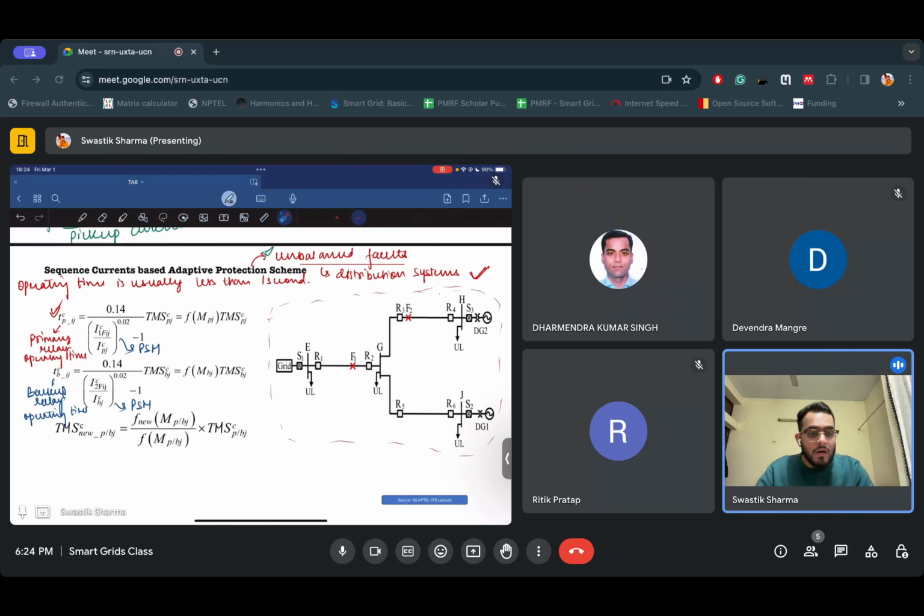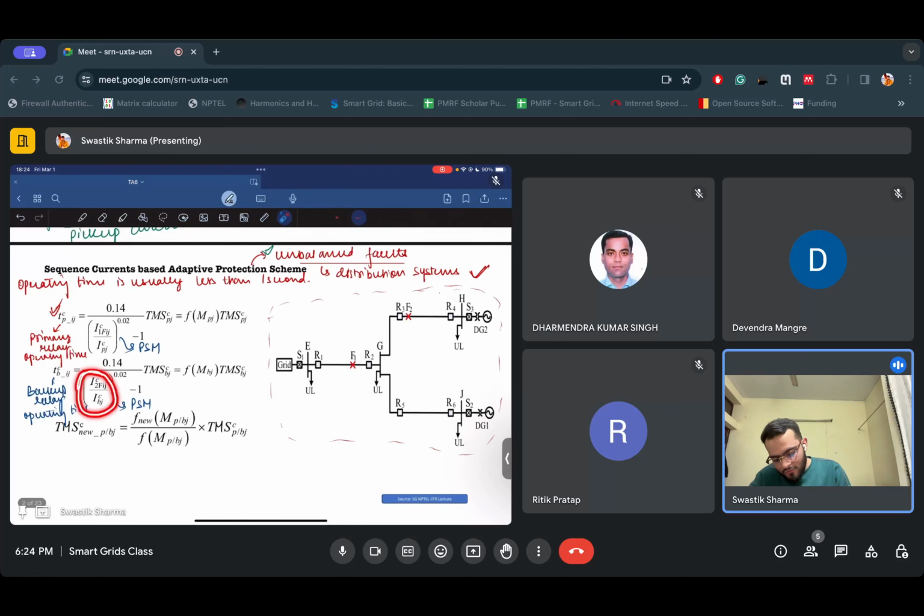For a three phase to ground fault, which is generally balanced in nature, there won't be any negative sequence current component present. So the whole idea of getting the operating time for the backup relay will be futile because there can't be a negative sequence current component. So, this scheme is applicable only to unbalanced faults, not to balanced faults, right?